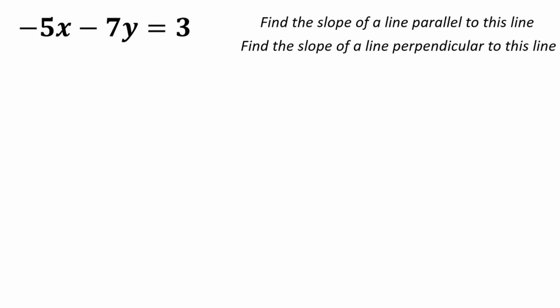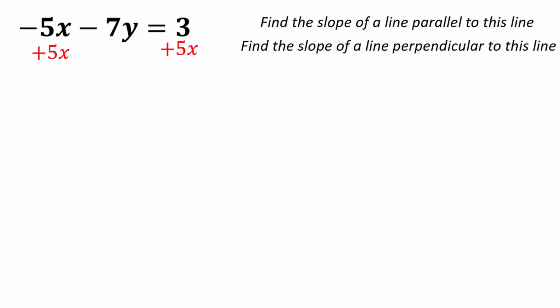You could be asked to find the slope of a line parallel or perpendicular to a line expressed in standard form, such as this one here: negative 5x minus 7y is equal to 3. The first step will be to find the slope of the given line, and the easiest way to do that is to convert this equation into slope-intercept form.